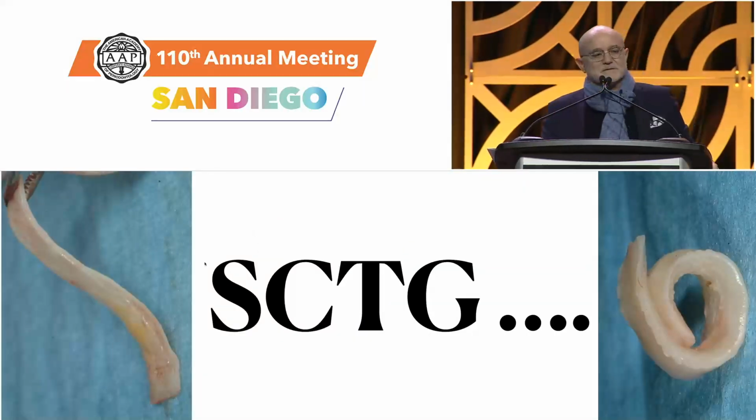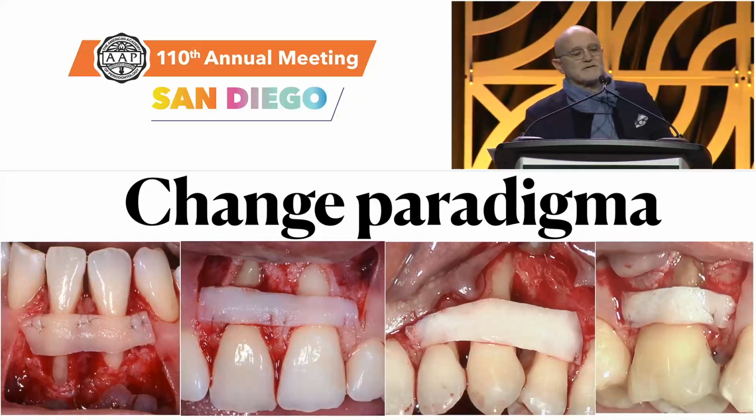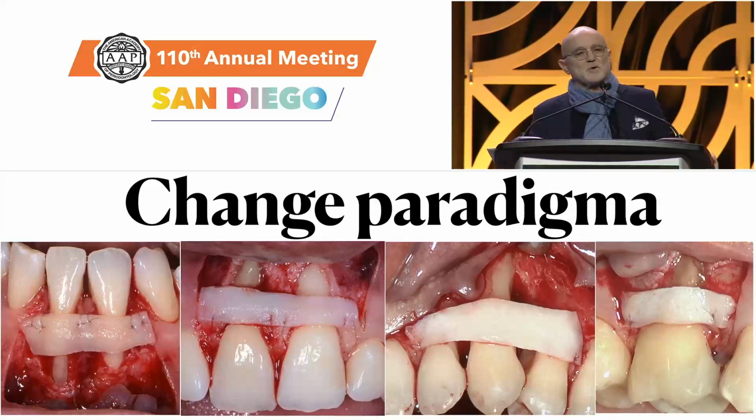This is my title, Subepithelial Connective Tissue Graft. I want to start immediately trying to change this paradigm. At the beginning, it was the graft that should cover the root, starting from the free gingival graft, and this was not effective most of the time.